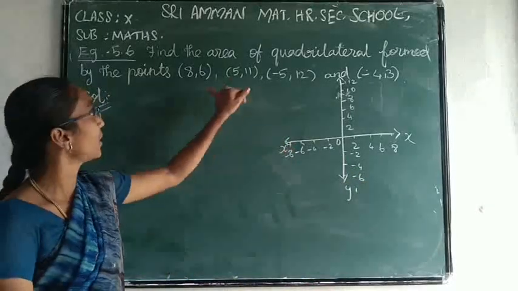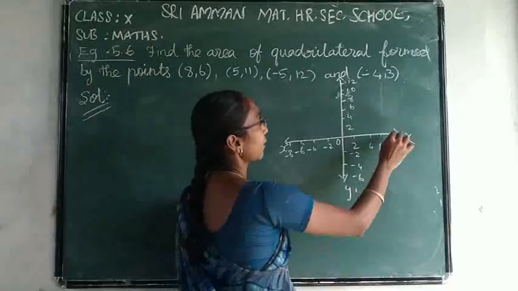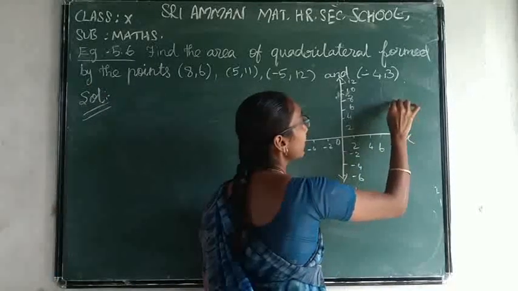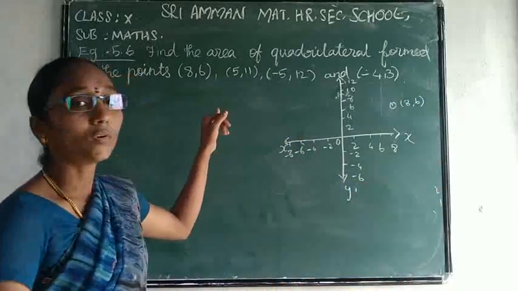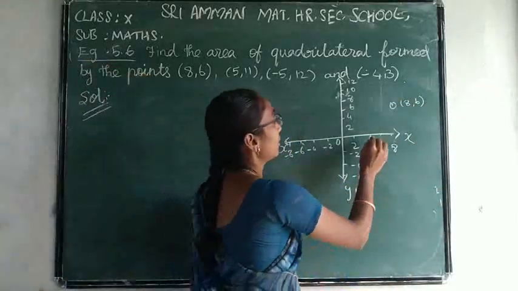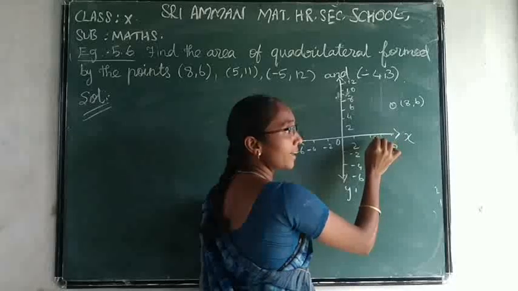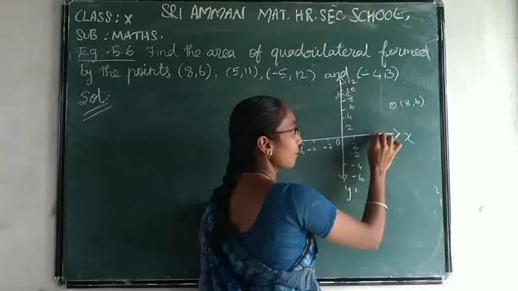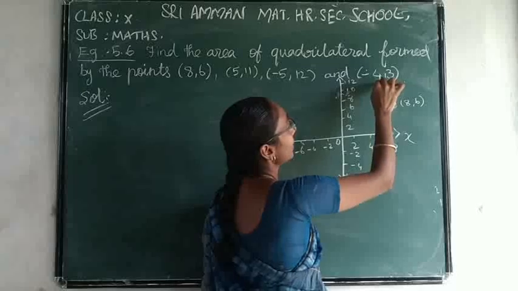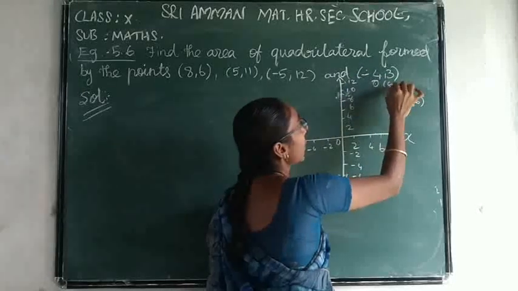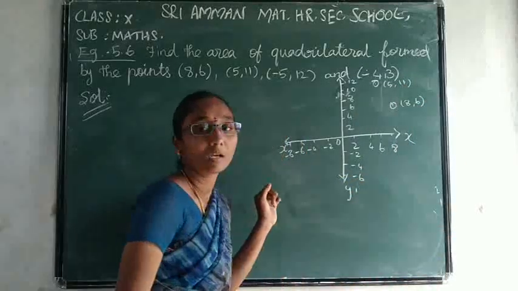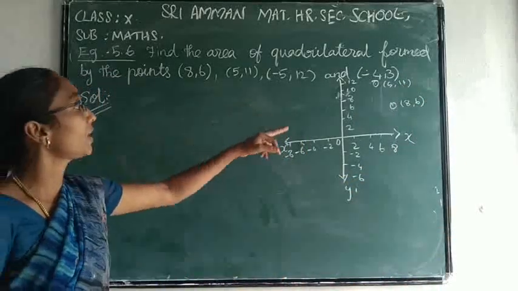First point 8, 6. X coordinate is 8, y coordinate is 6. And then 5, 11. The point 5 lies on the x-axis between 4 and 6, and for 11 I consider between 10 and 12 on the y-axis. So 5, 11. Next one, minus 5, 12.